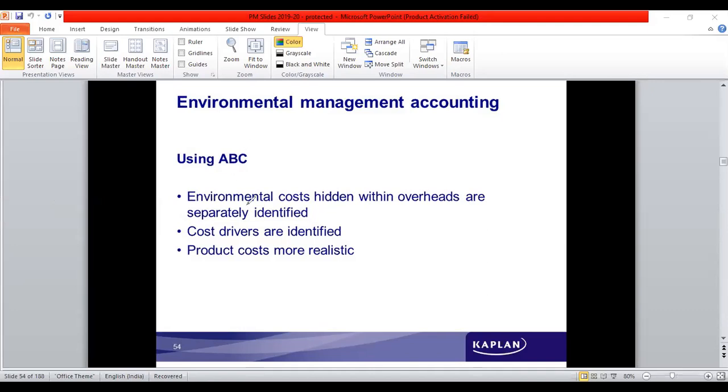Environmental costs hidden within overheads are separately identified. Using the cost drivers, the overhead costs are allocated. Then the product cost will become more realistic. So ABC can be used in case of environmental management accounting.